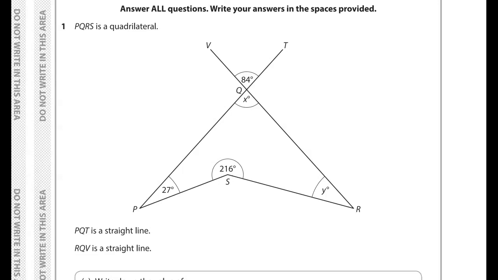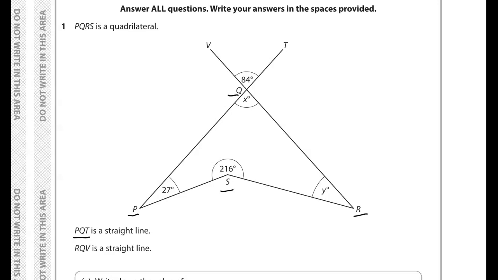So what does this mean? First of all, PQRS. That is the shape that is formed by PQRS. Then we have PQT is a straight line.